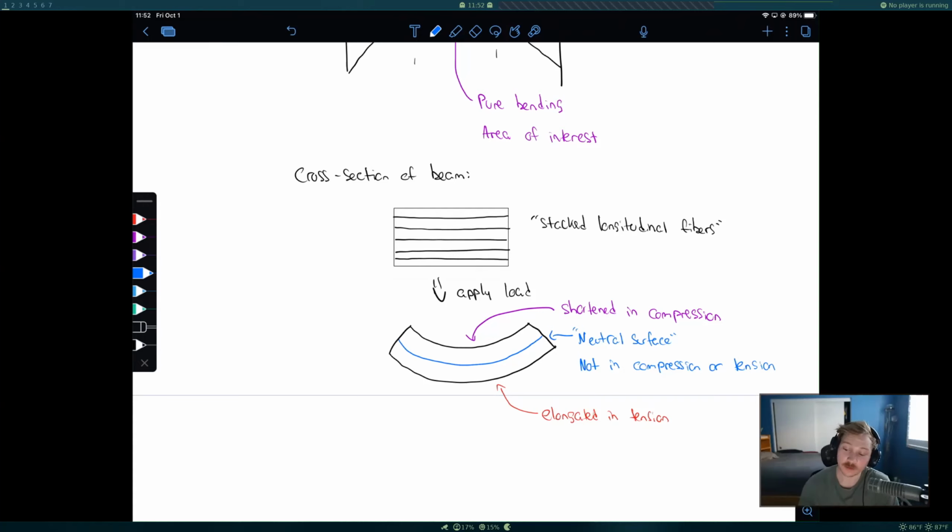That's going to be really important because we use the location of the neutral surface to help us calculate the bending stress.